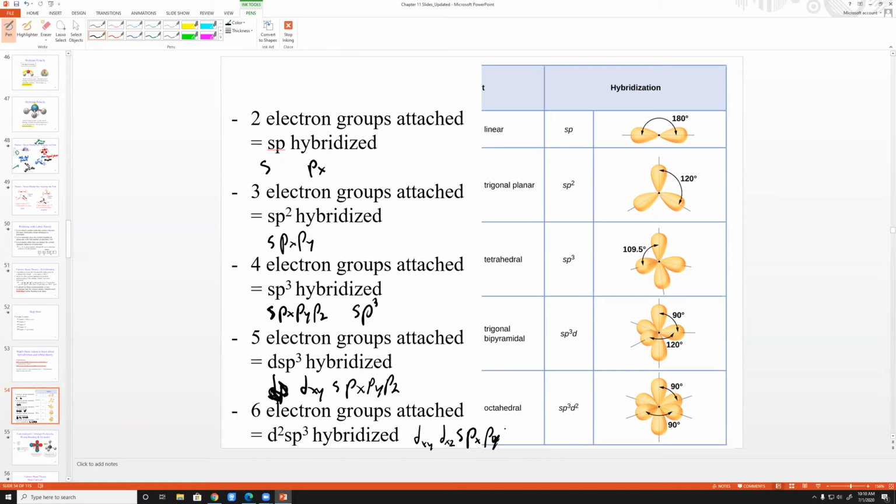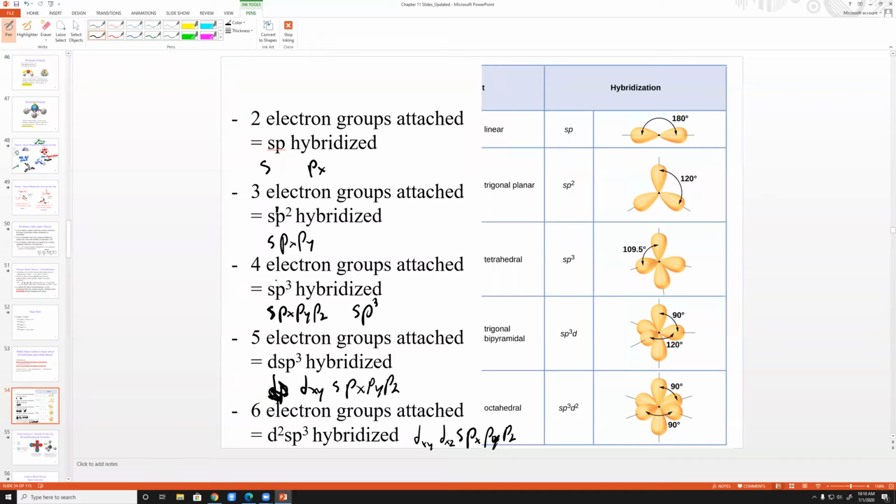If you want to really simplify it, you count up all the exponents, and that equals the number of electron groups.